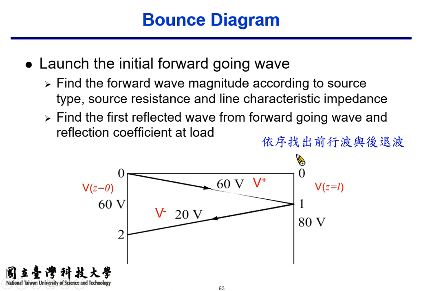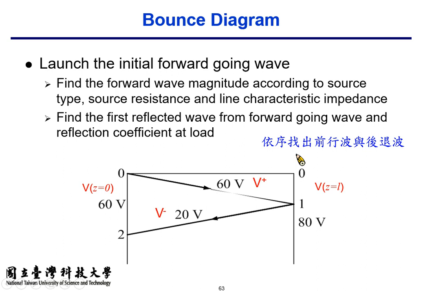What is the total voltage observed here at t greater than 2 microseconds? How many terms will you see here? You will see V plus, V minus, and V minus plus. You will have 3 voltages.